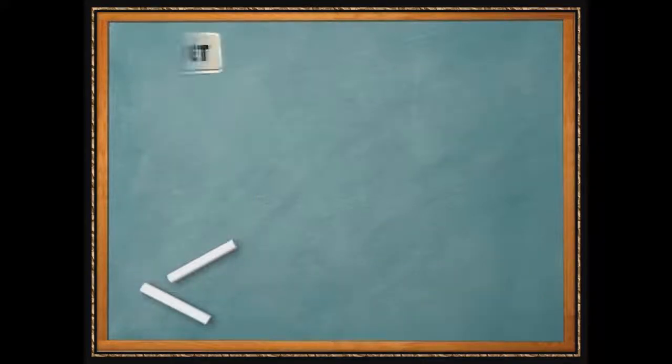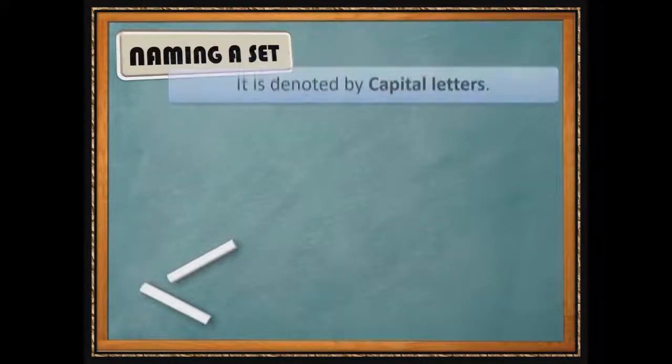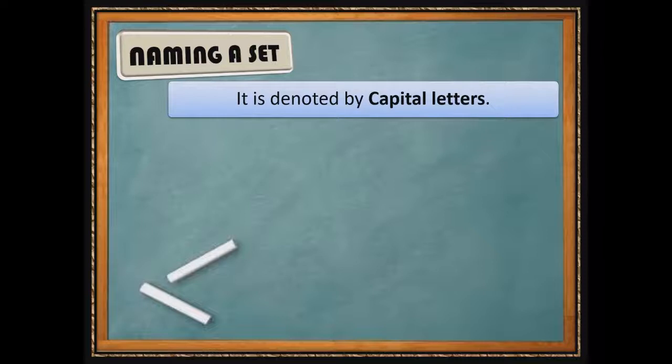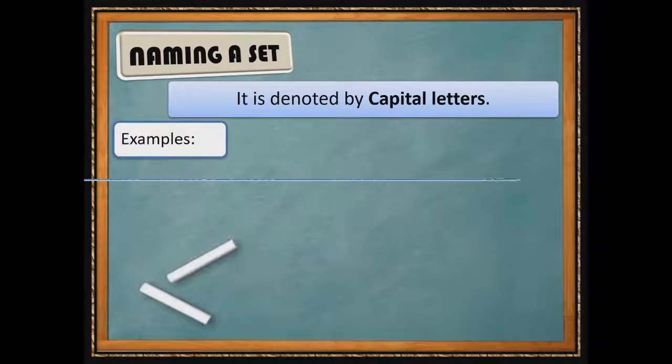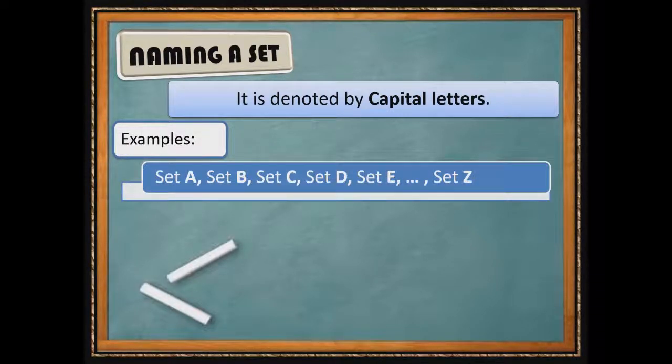Now let us move on to how to name a set. In naming a set, we denote it by the use of capital letters. So we say set A, set B, set C, and so on and so forth, as long as the letters are in capital letter. Now let us have the elements of a set.